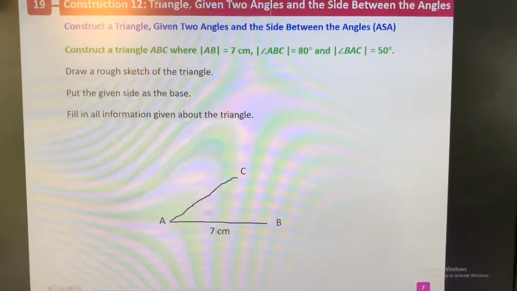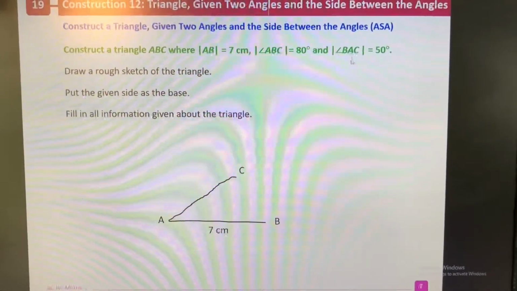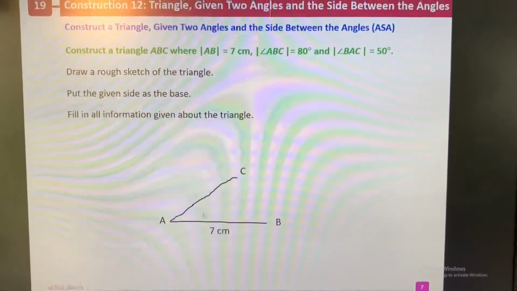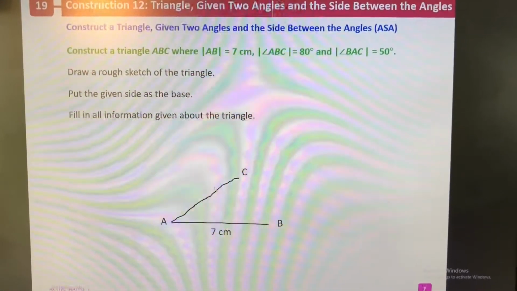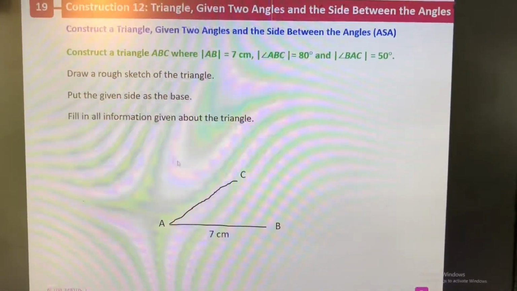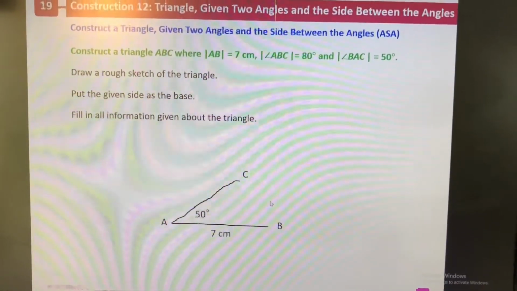Then we know that we have an angle that sits at A, and that's this one here because A is the middle letter, of 50 degrees. We know that 50 is acute, so it will look something like this. It's just a little bit bigger than 45 degrees, which is a bisector of a right angle, exactly half of a right angle.